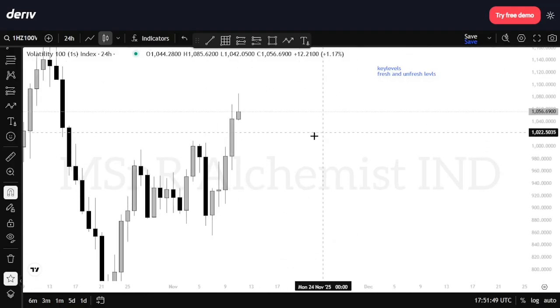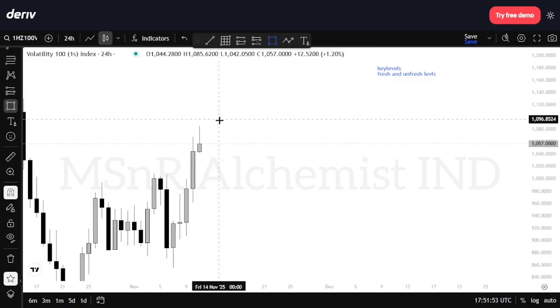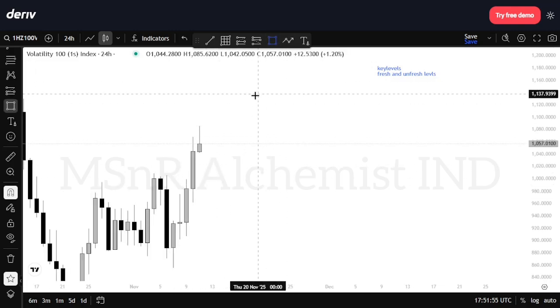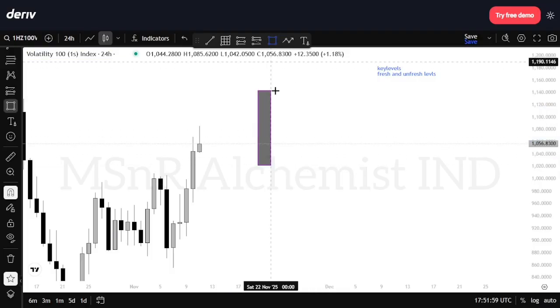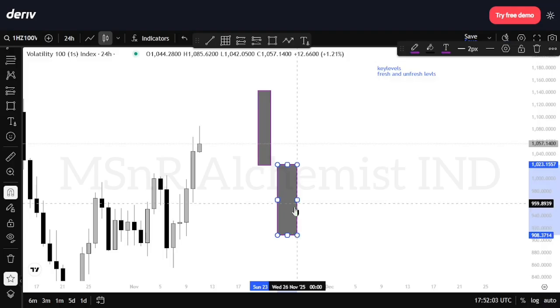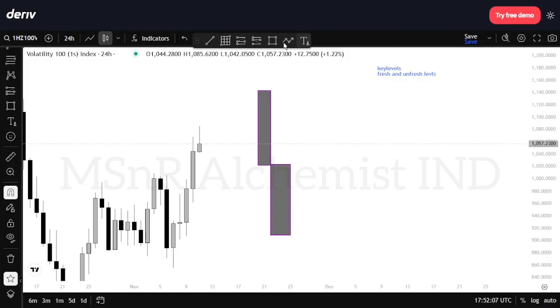So now the third type of key level is the open close level. Most of you know this, I think. When two consecutive same color candles form, the closing of the first candle, see, we open here, we close here, right?